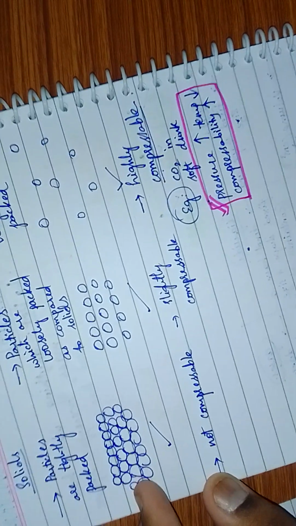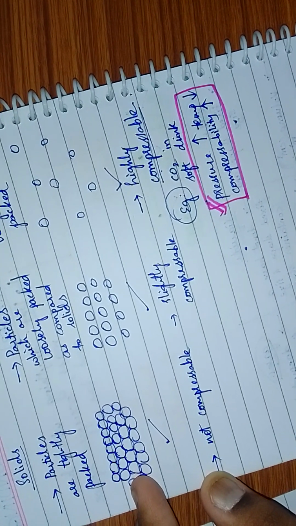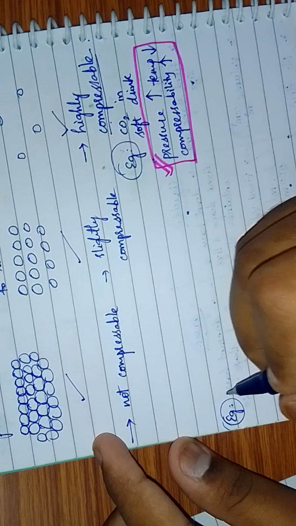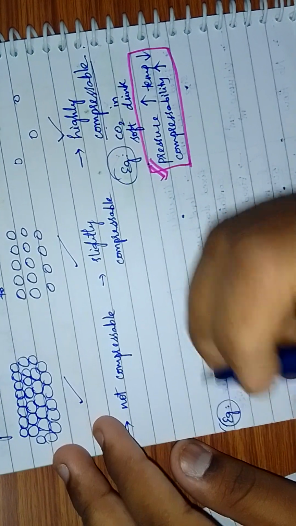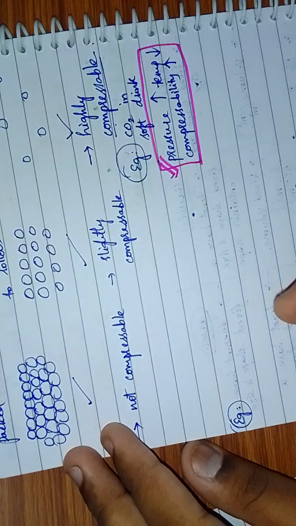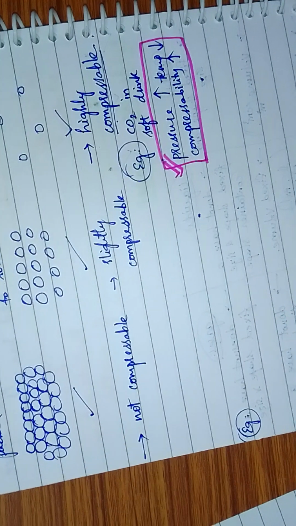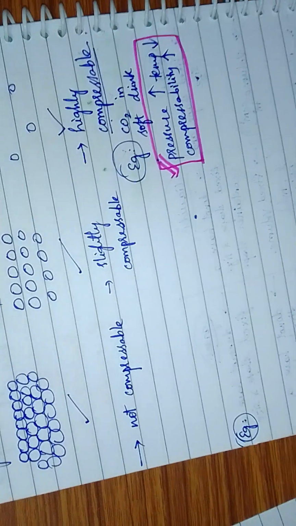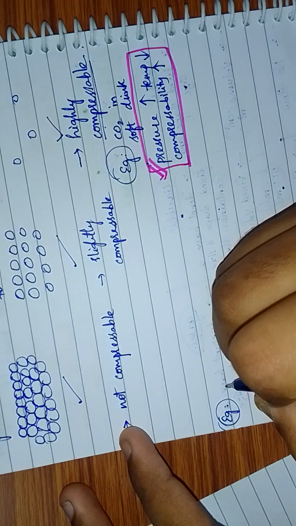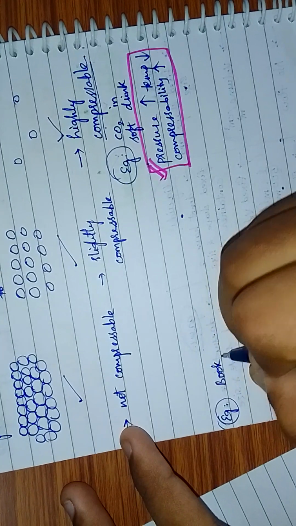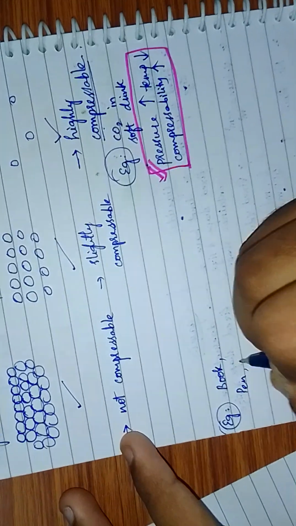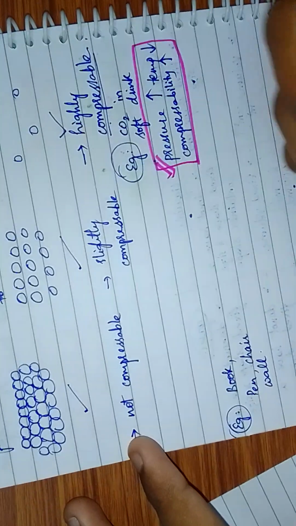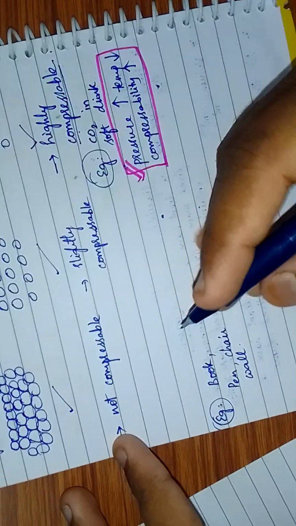Right, now let us go to the examples. A few examples of solids: look around you, what can you find that is a solid based on the properties we have discussed? Just give it a try. You can find a book, pen, chair, a wall, anything like this.